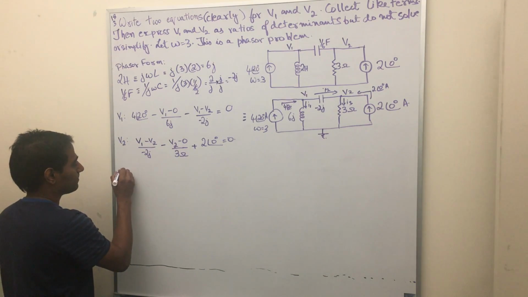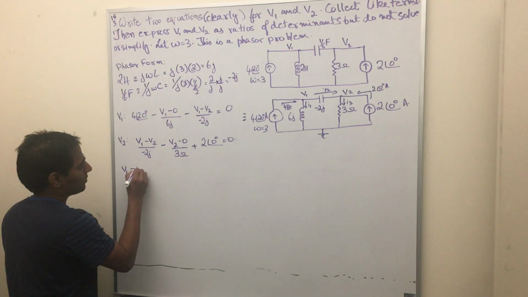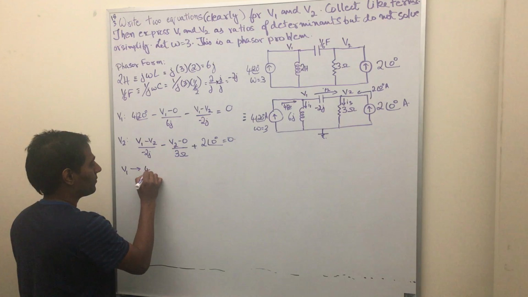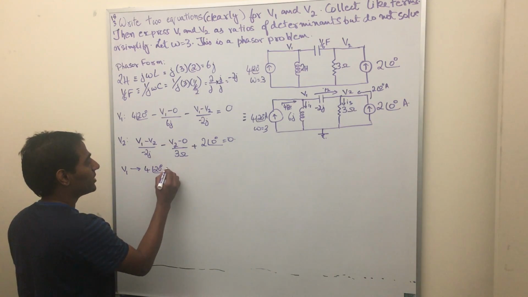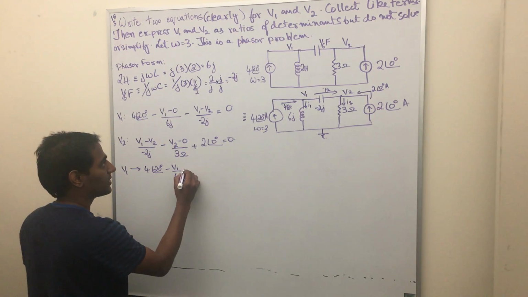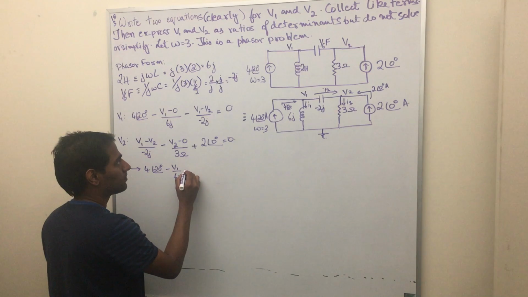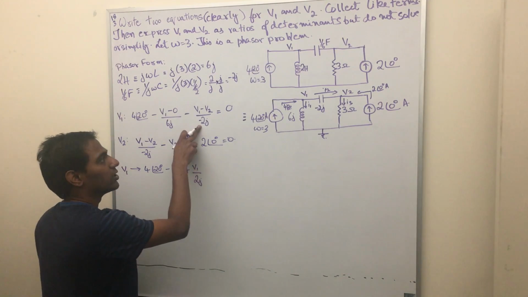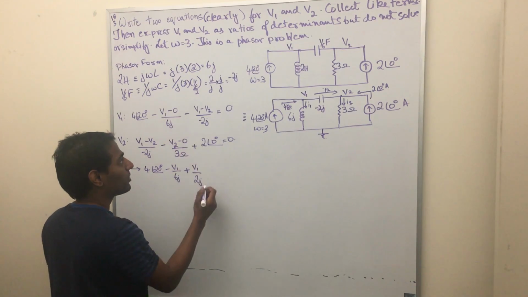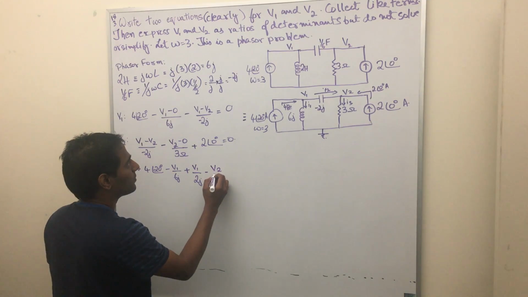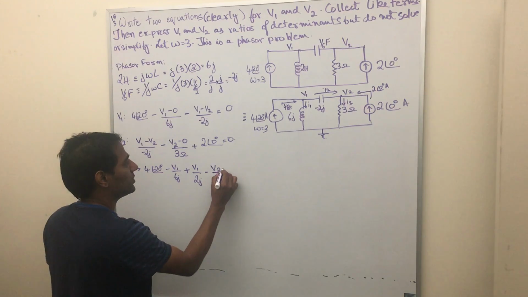So for V1, it would be 4 at an angle 20 degrees minus V1 by 6j plus V1 by 2j, removing the negative sign in the denominator, and minus V2 by 2j.